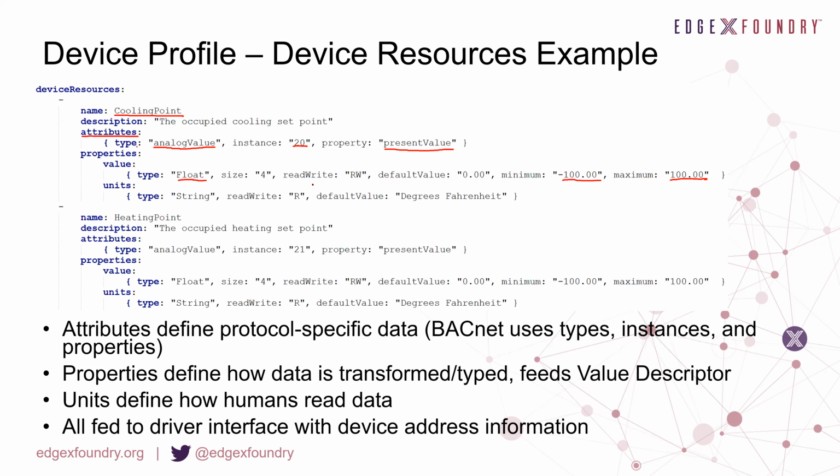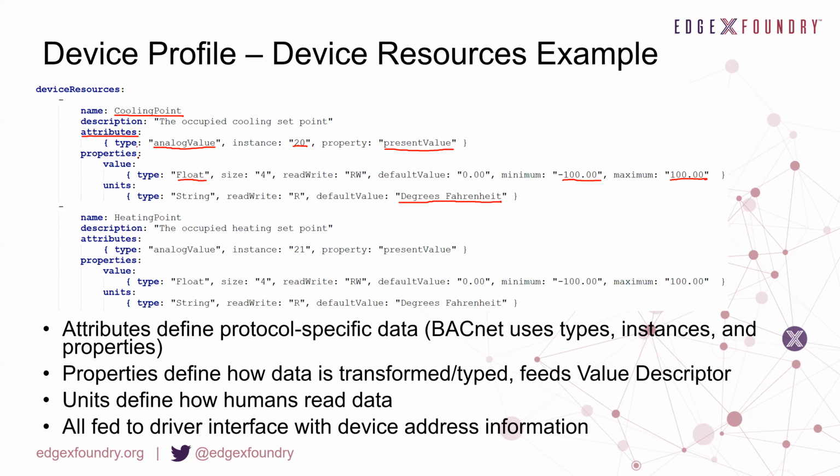Other things, we've got our units field, which shows how to make a value human readable as you go up as well. And so all of this data defined in the device resource is fed to the driver interface, in addition to the device address information, in order to make individual calls to the device.